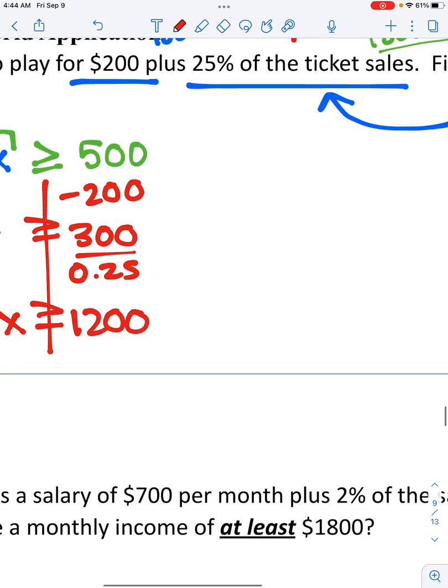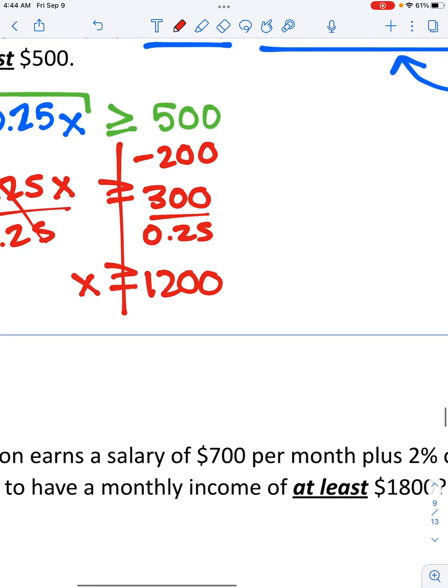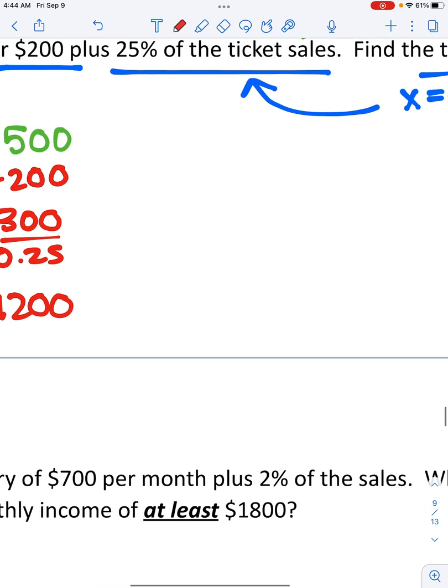So what that tells us is, remember X was number of ticket sales. So the number of ticket sales needs to be at least 1200.